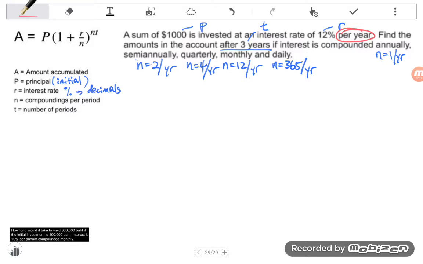It is because of the 12% per year. That's why I have once per year, twice per year, 4 times per year, 12 times per year, and 365 times per year. We'll look at this a little bit further later on.